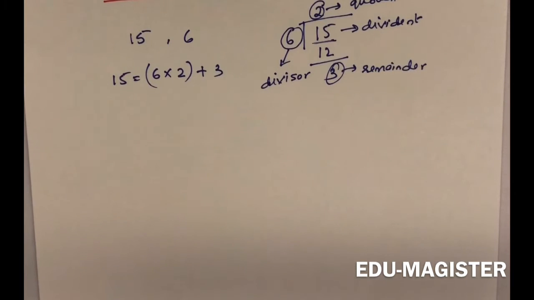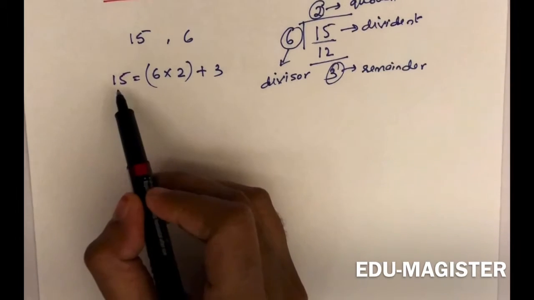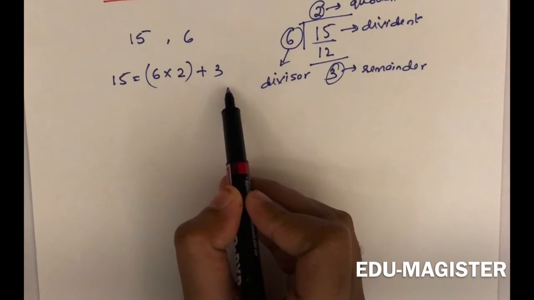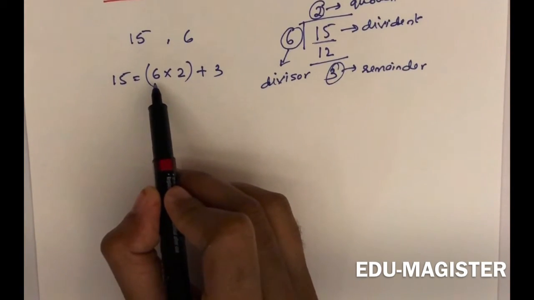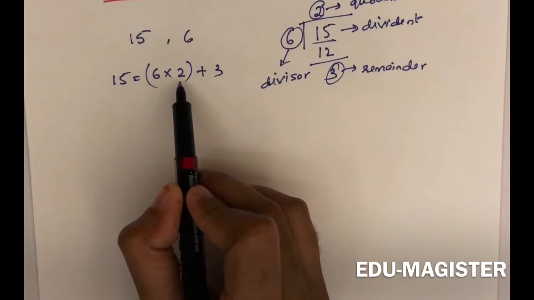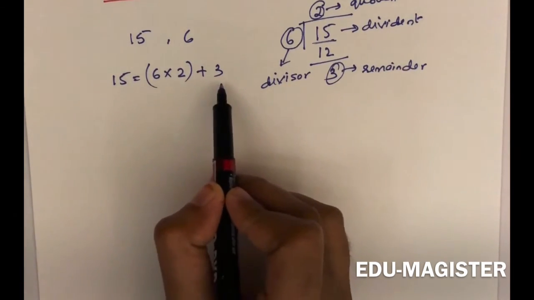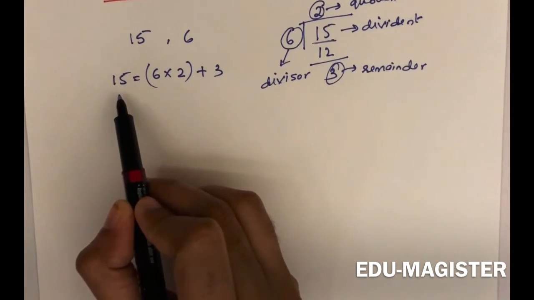This is something we already know. And I hope you guys have understood this way of writing also. That is quotient multiplied by divisor, and then we add that to the remainder. We get back the dividend.